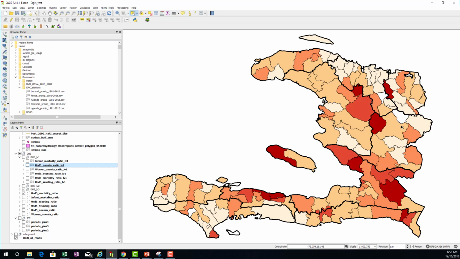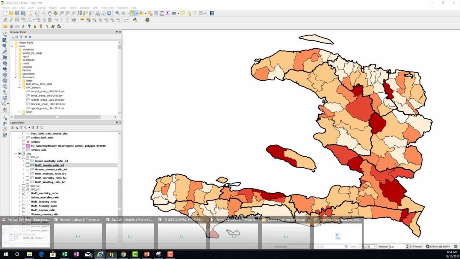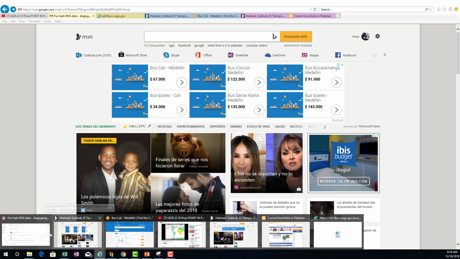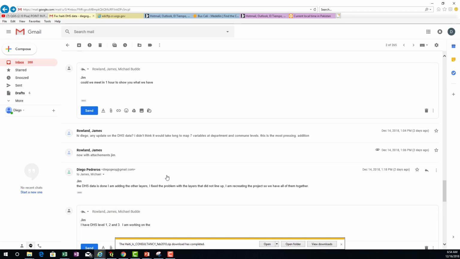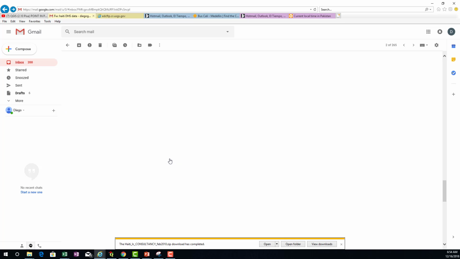I found some of those problems, and there were some problems in the original table, where some points were null. But then I had to find the source of the problem. I know it took a little while, but I have experience of sending things fast and not sending the right thing.